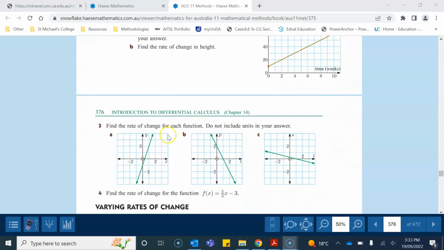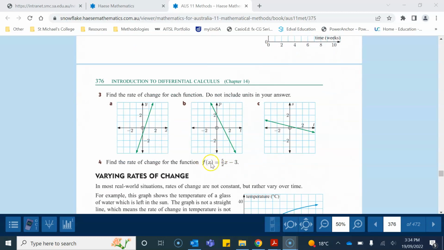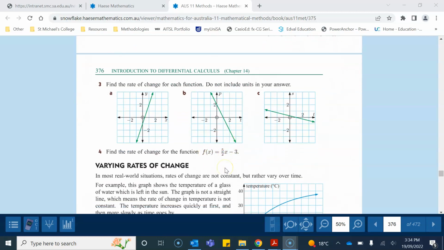These questions here, when you're asked to find the rate of change of the functions, essentially you're asked to find the slope of the functions. So as you're doing that, just make sure that you're showing all your working out. And then this function here is written. Now, you may or may not be familiar with this notation, f of x is equal to 5 over 2 x minus 3.